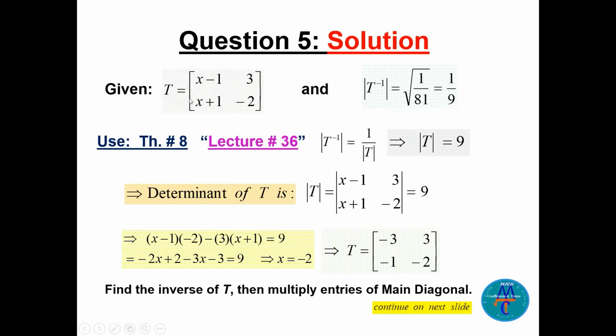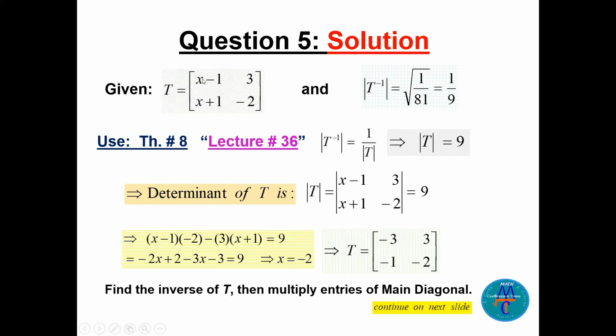So I can go to the 2 by 2 matrix, find the determinant. To find the determinant of a 2 by 2 is easy. x minus 1 times minus 2 minus 3 times x plus 1. This is equal to 9. We get 9 from the given. From this simple linear equation, we get x equals minus 2.